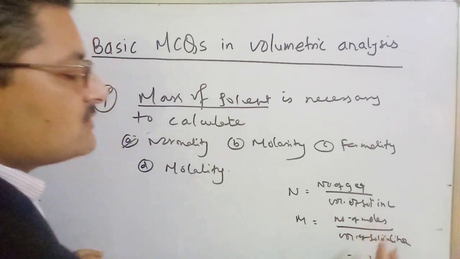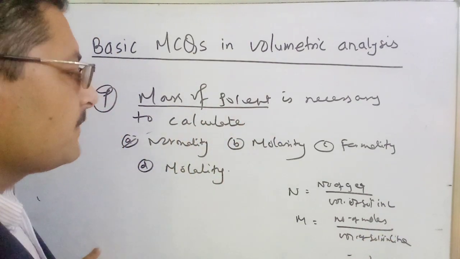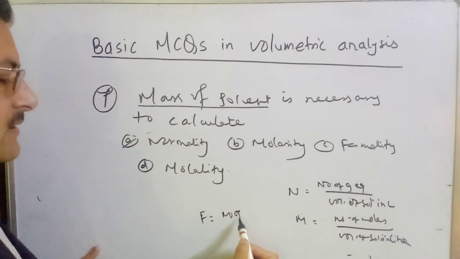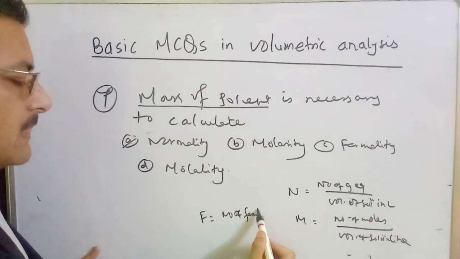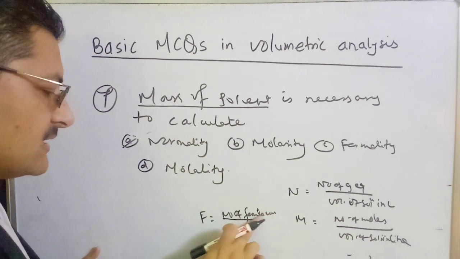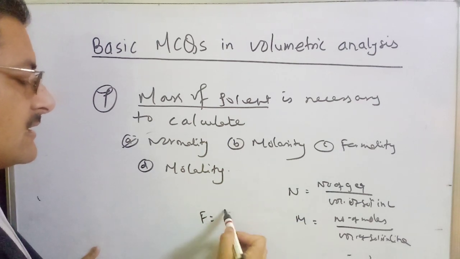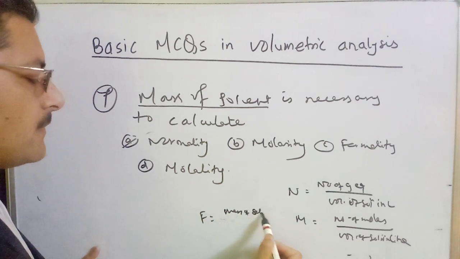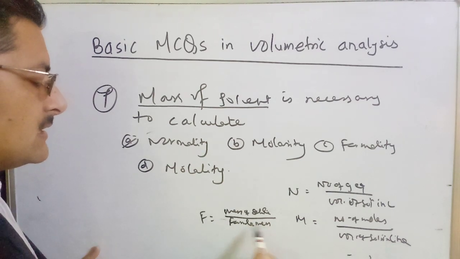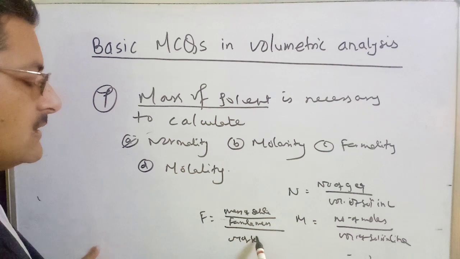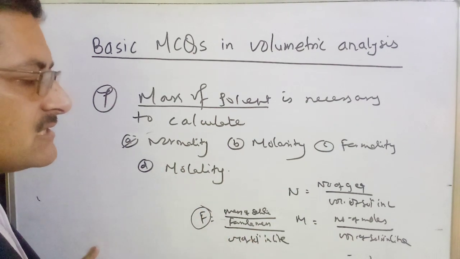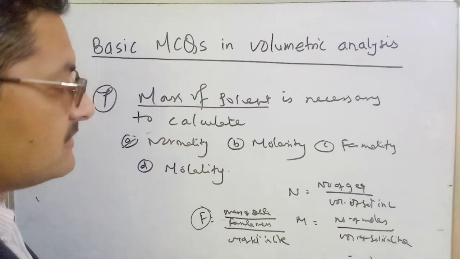So we are not concerned with mass of solvent there either. Formality is mass of solute divided by formula mass, divided by volume of solution in liter. So in formality also there is no mass of solvent.